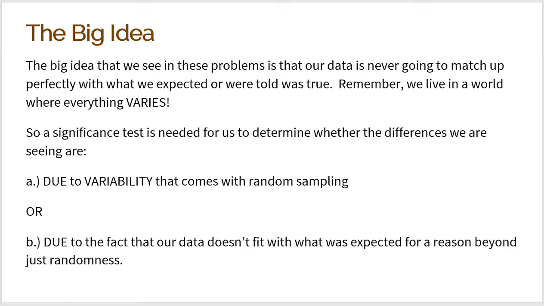But your job as a statistics student is to determine, are we seeing small differences that are just due to variability, or such large differences that something more is going on here? Like maybe men really do favor Republicans, or maybe middle schoolers really do favor Twitter. That's why we need to run these tests, to determine if there are small differences due to variability, or large differences due to something more important.